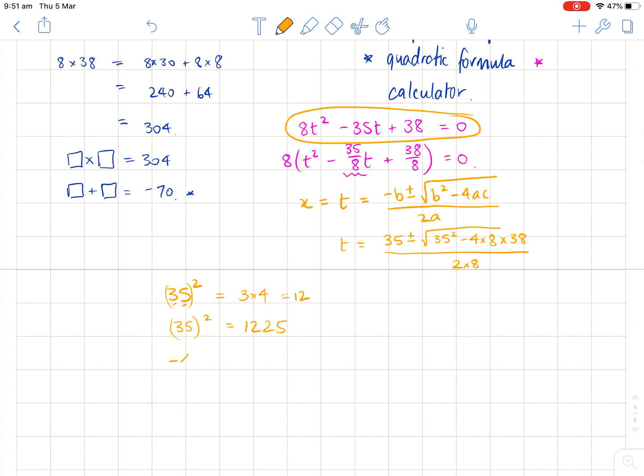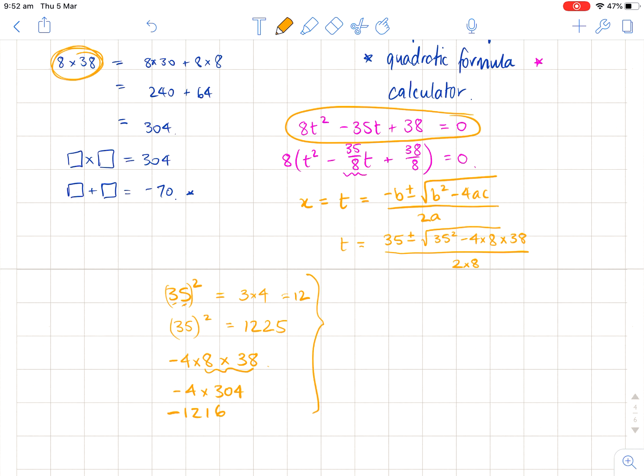I now need to do minus 4 times 8 times 38. Before we did 8 times 38 to get 304, we already had this up here. So I can do minus 4 times 304, which is 1,216, and it will be a negative.